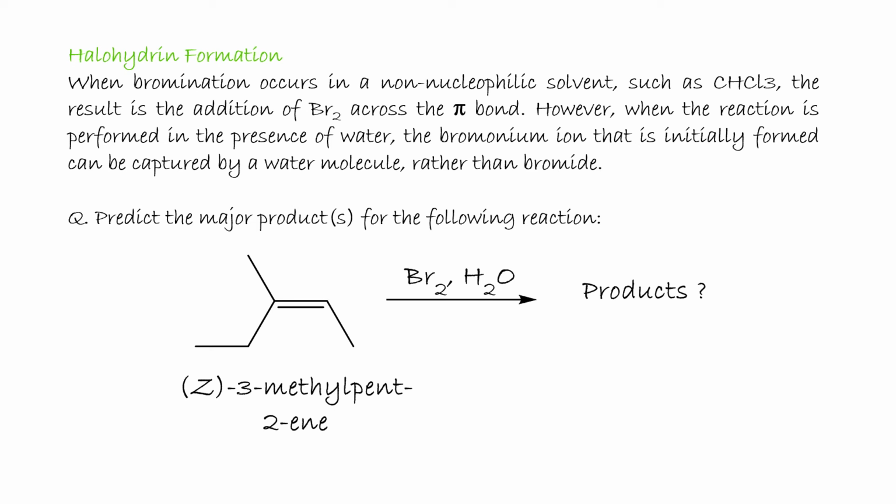Halohydrin formation. When bromination occurs in a non-nucleophilic solvent such as chloroform, the result is the addition of Br2 across the pi bond. However, when the reaction is performed in the presence of water, the bromonium ion that is initially formed can be captured by a water molecule rather than bromide.